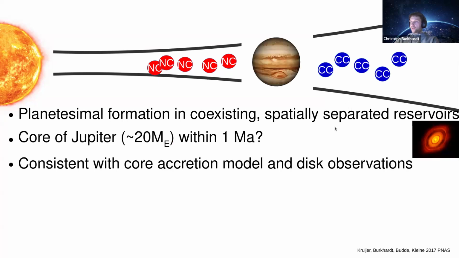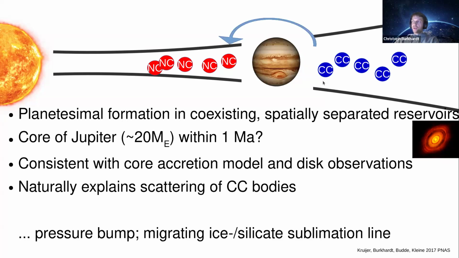We investigated it a bit further and maybe thought that Jupiter's core formed within 1 million years after solar system start. And that would be actually consistent with observations that we have from disks, where we have probably planet forming gaps already very early on, and also could naturally explain the scattering of CC bodies then in the asteroid belt.